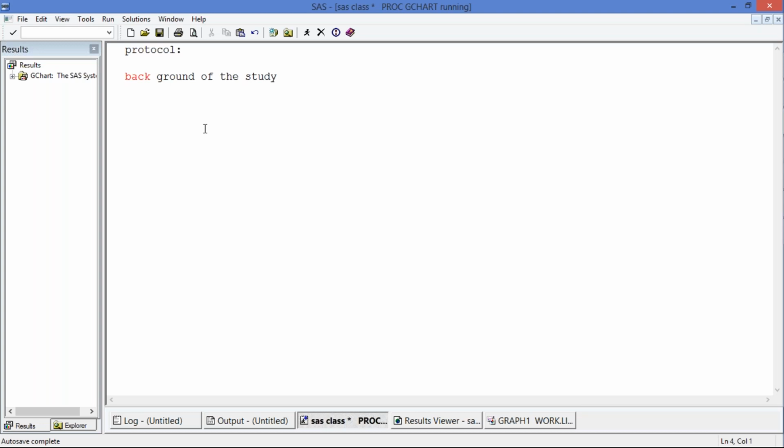Whichever protocol you want to understand, whichever list of contents you need to know, first of all you need to know the study details, the background of the study. Why are we conducting the study?